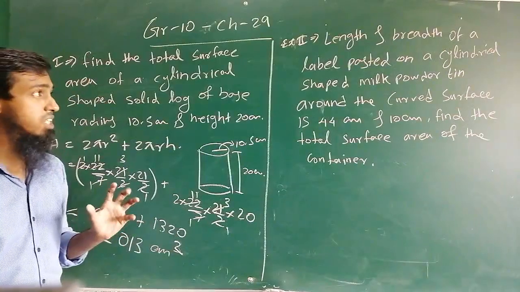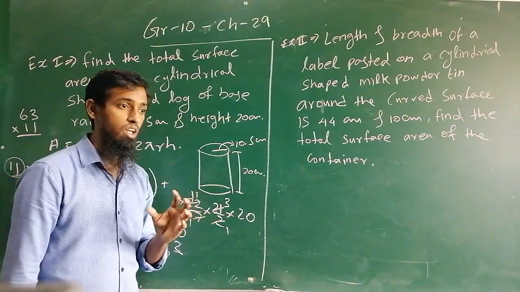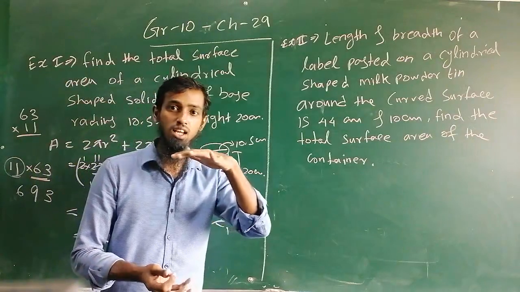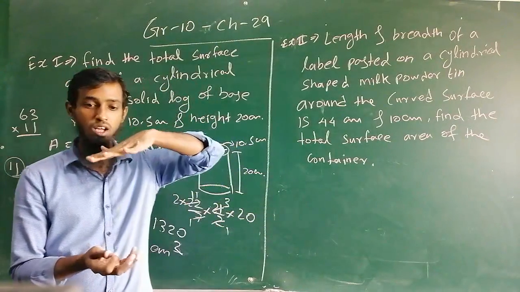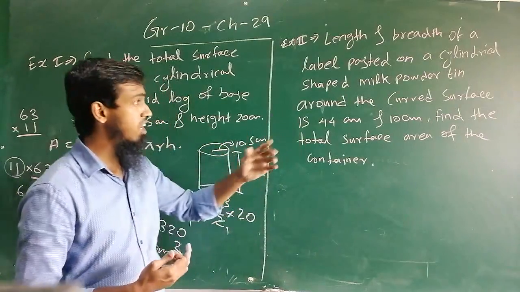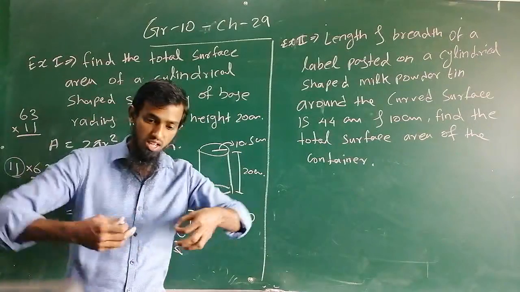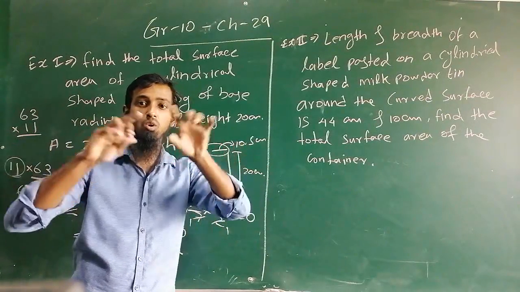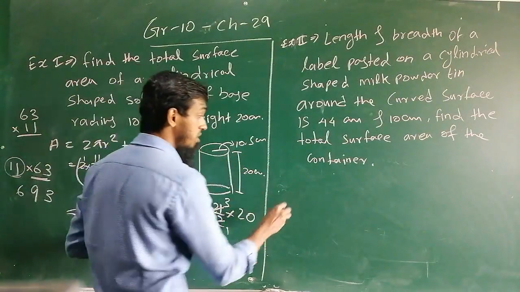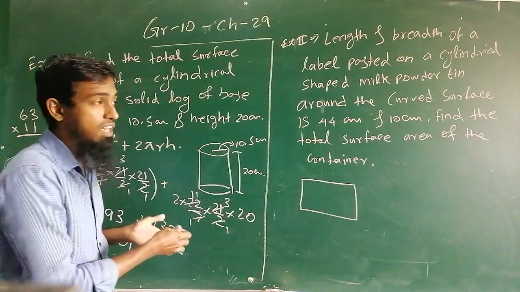A label is pasted on a cylindrical shaped milk powder container. Only the label is pasted on the curved surface, around the curved surface. If you tear the label off, it will look like a rectangular shape, as we discussed in the basic idea.